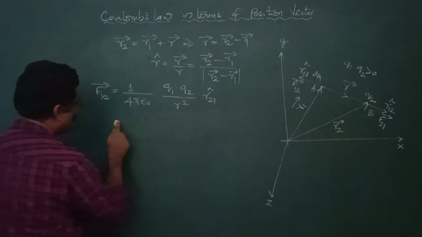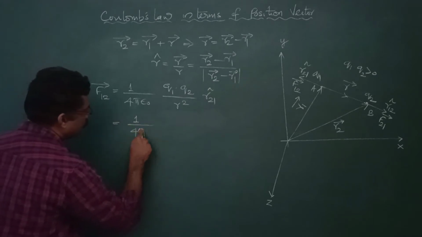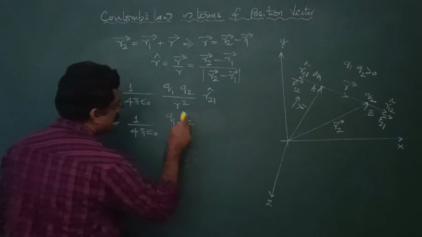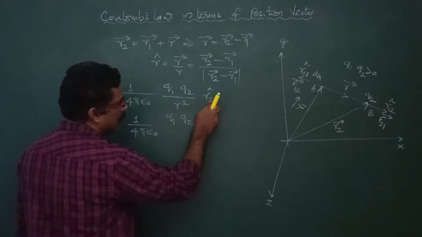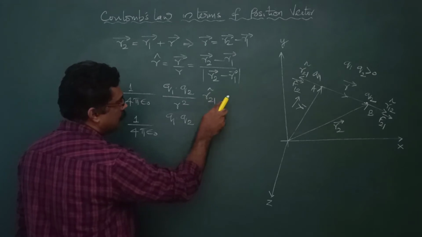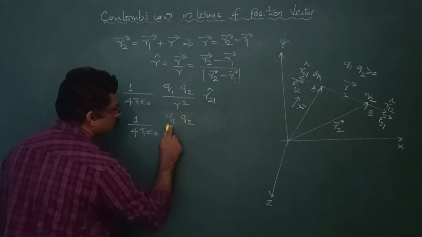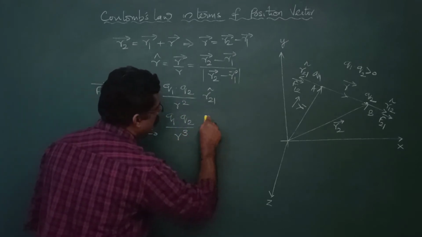You can rewrite this equation as 1 by 4 pi epsilon 0 into q1 q2 divided by r square into r21 cap. We know that r cap is equal to vector r divided by modulus of r, so modulus of r into r square is actually r cube, into r21 vector.